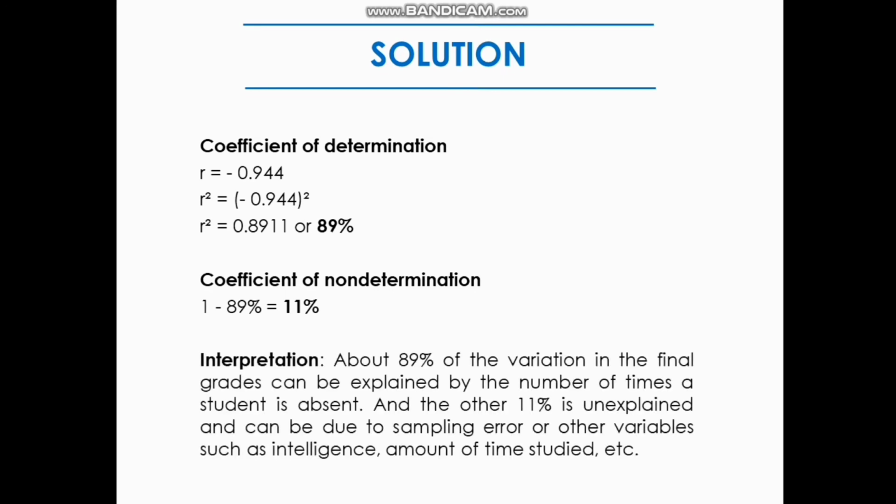So it means that about 89% of the variation in the final grades can be explained by the number of times a student is absent, and the other 11% is unexplained and can be due to sampling error or other variables such as intelligence, amount of time studied, and etc.